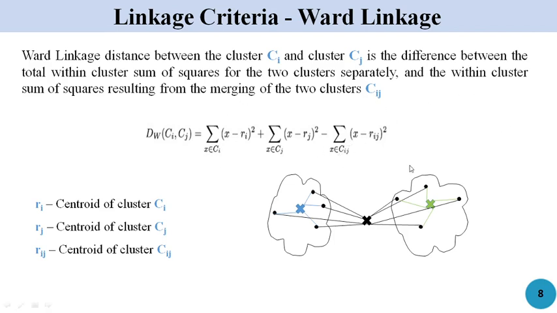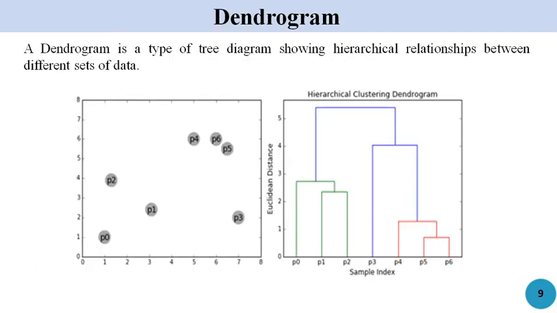Then performing the addition and subtraction operation on these terms, we will finally get the Ward linkage distance between the clusters. So these are the 4 major linkage criteria that can be used to calculate the distance between the clusters. Now we will move ahead and learn about the dendrogram.